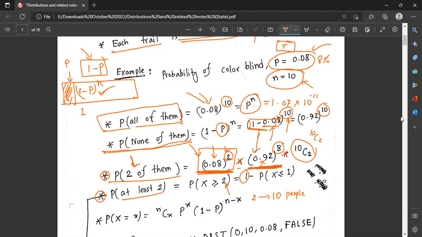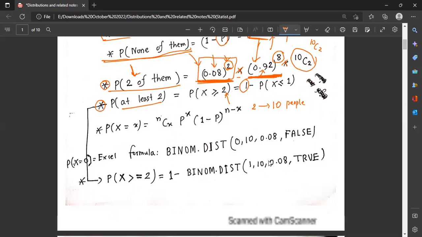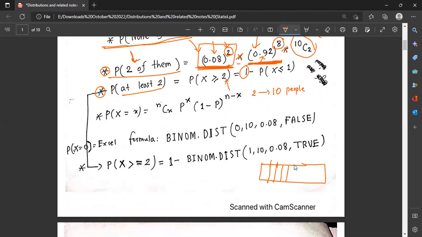So if I draw another rectangle, here let's say 2, right? 1, 2, 3, 4, 5, 6, 7, 8, 9, 10. So at least 2 of them, that means from here up until here, right? Here is 10 and here is 1. So here is 2, so from here up to here.